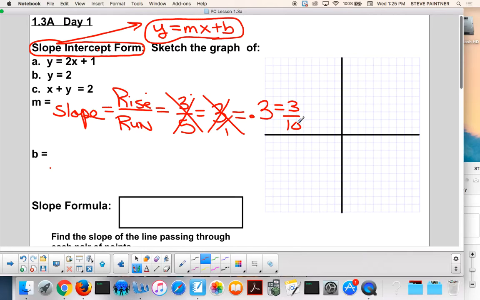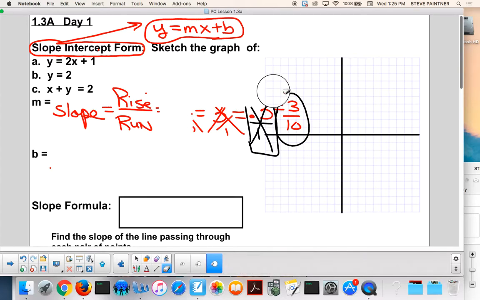I think period 4 and period 5 both said you can just put it over 1, which you can. That means what? Up 0.3 over 1. It's hard to do that. That's why I wouldn't do this. I would do this instead. Sometimes the book goes into decimals for slope. Think of decimals as fractions. It's easier. Okay? All right.